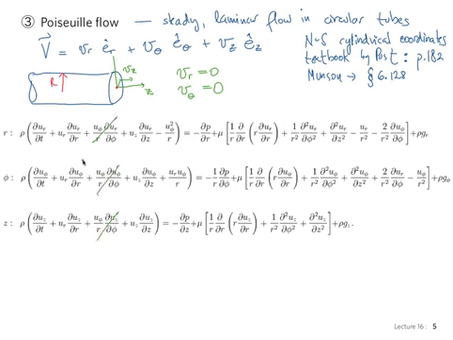All of these are 0 because u azimuthal is 0, and so on. This is the same procedure we used before. VR is 0, or UR is 0, so all of these are 0 also. This is 0, UR is 0, and this is 0. So basically you see the equation simplified quite a bit.